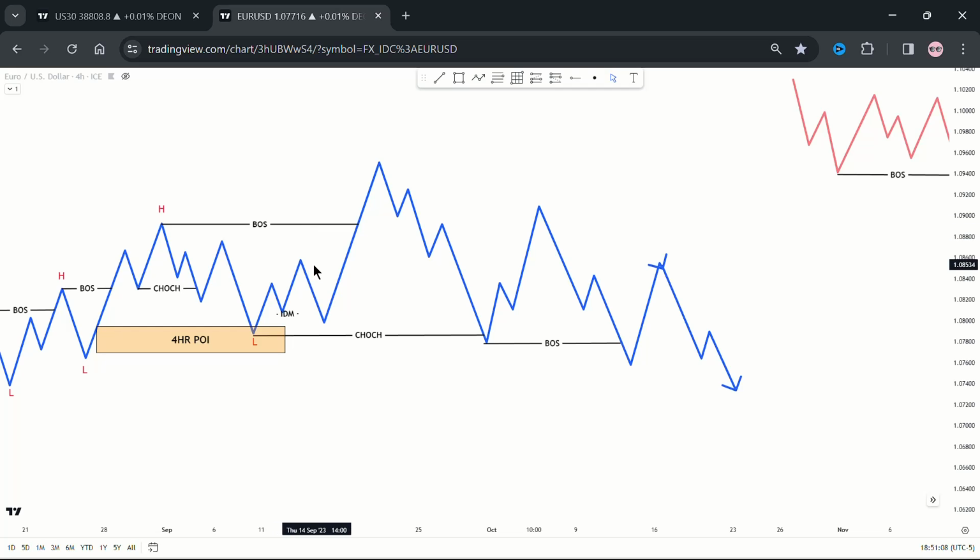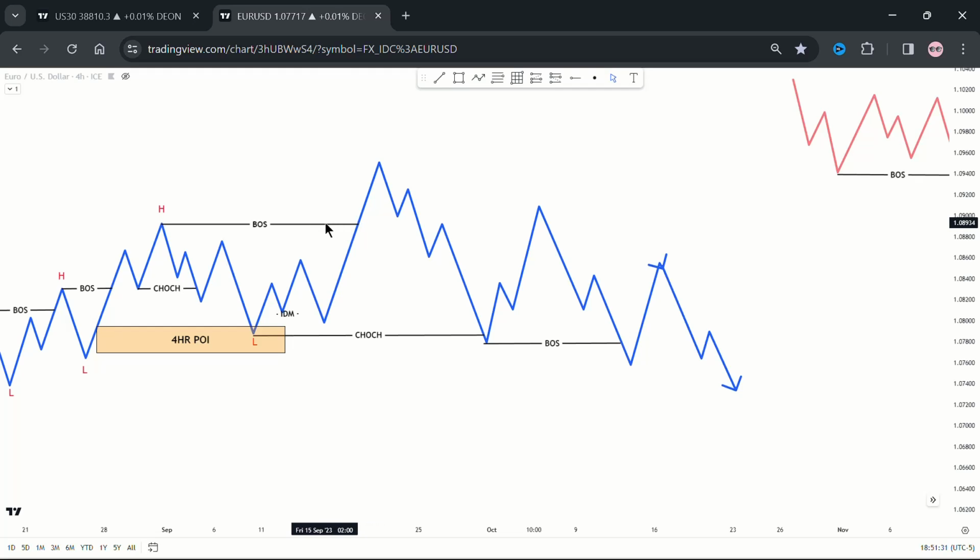So if you had 4 trades here, if you entered 4 trades here, or if you just entered 2 trades, let one trade hit your target here and let the other one run. This is how you get two targets. This is going to be your take profit 1, this is going to be your take profit 2.